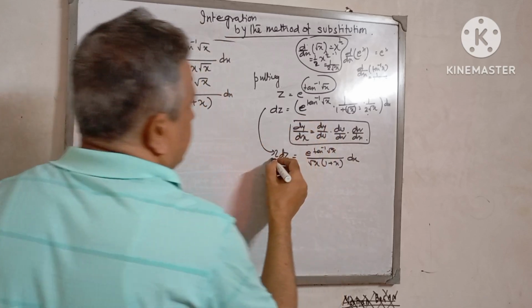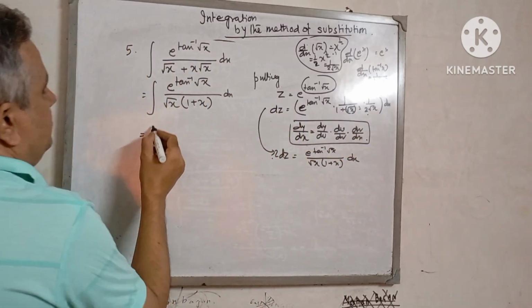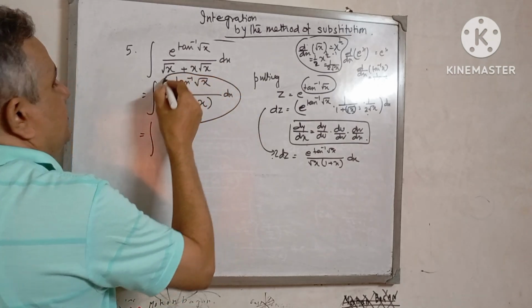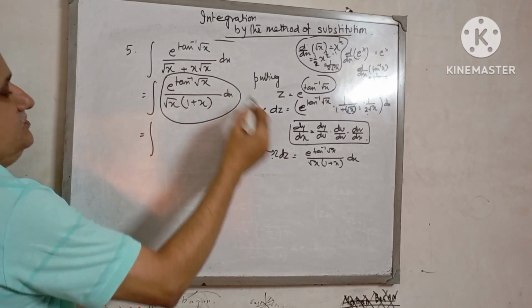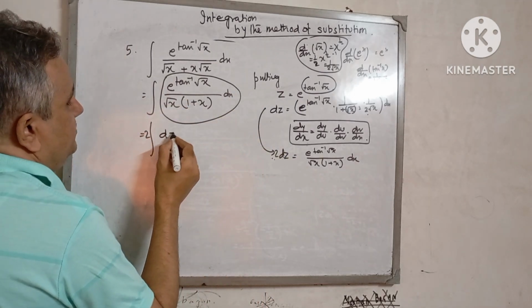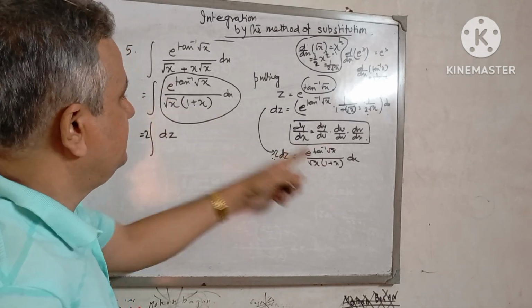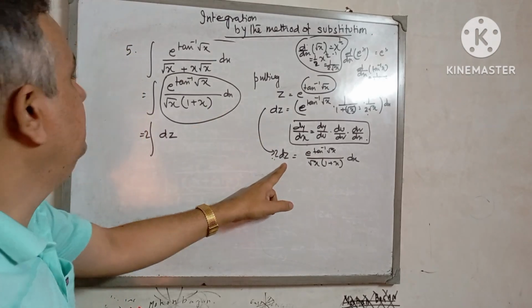So in total, this thing becomes 2dz. This is e to the power tan inverse root x by root x into 1 plus root x dx, which is only 2dz.